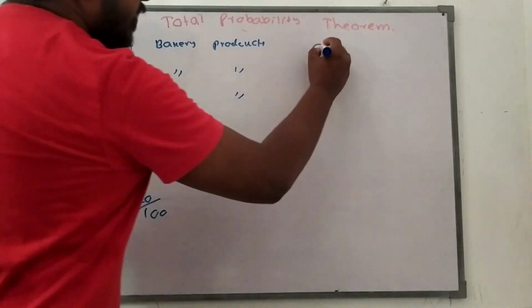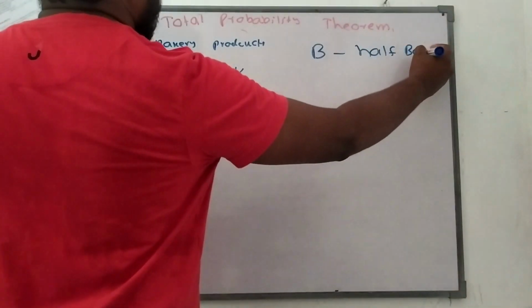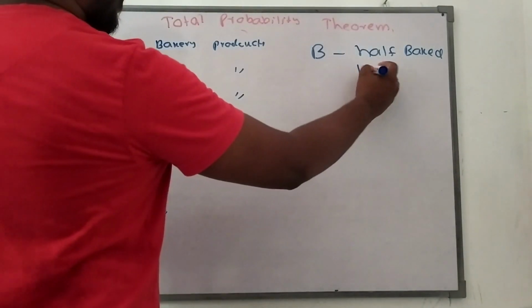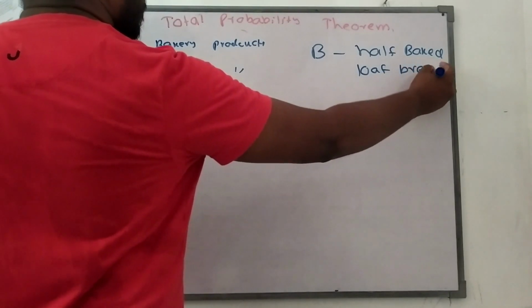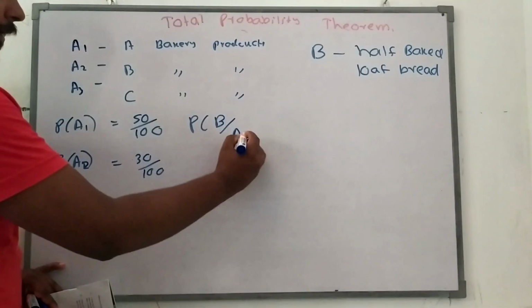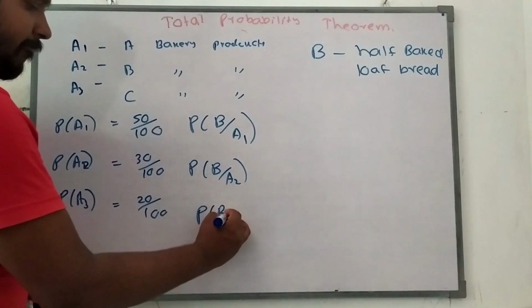So another variable is the half baked loaf of bread. So the probability of half baked which is found from A1, BA2, BA3.